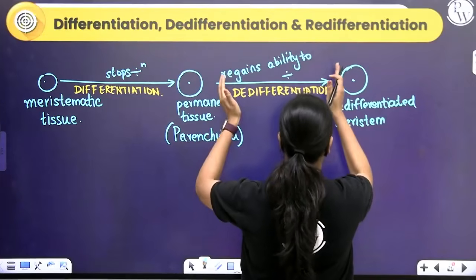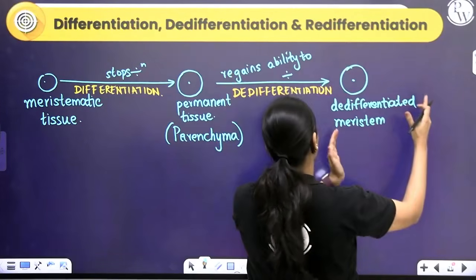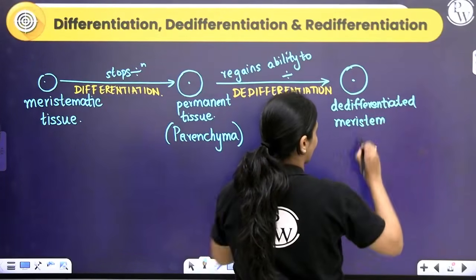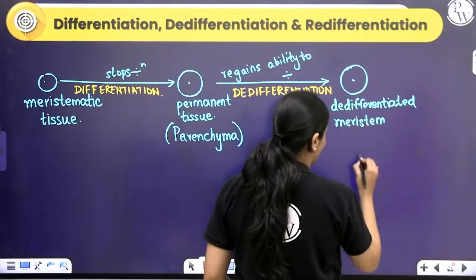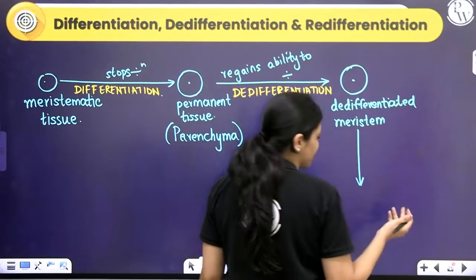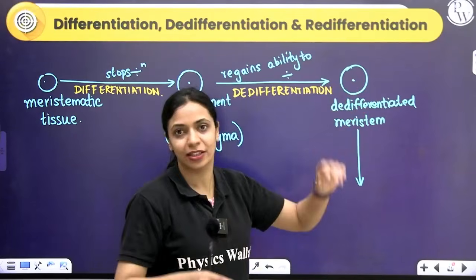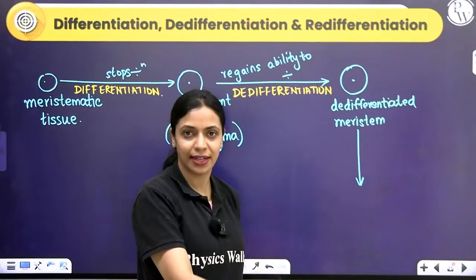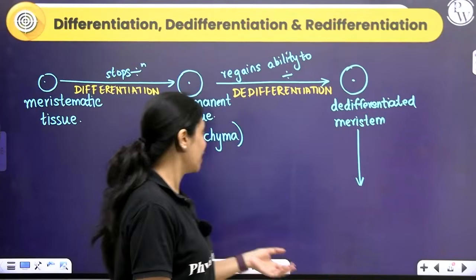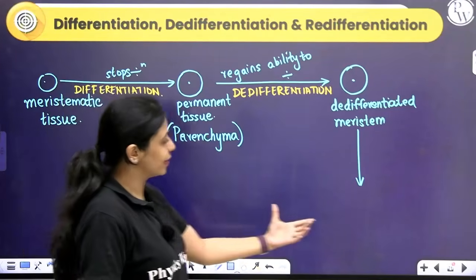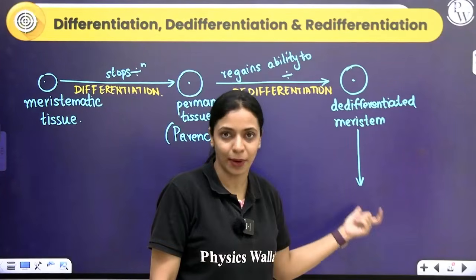Because it's happening by a process called de-differentiation, we're going to call this de-differentiated meristem. Now, this de-differentiated meristem can become something else again. It is open to become parenchyma, collenchyma, sclerenchyma, whatever it wants. Just because it was parenchyma earlier doesn't mean it has to become parenchyma again.